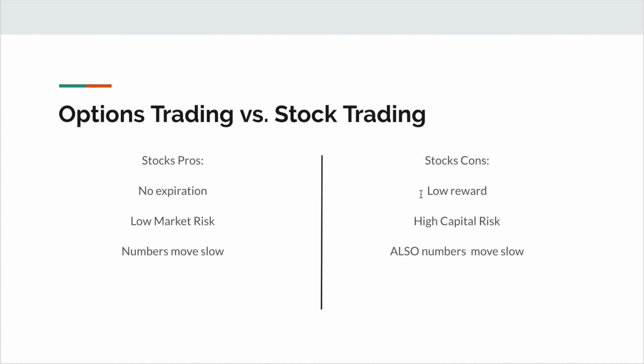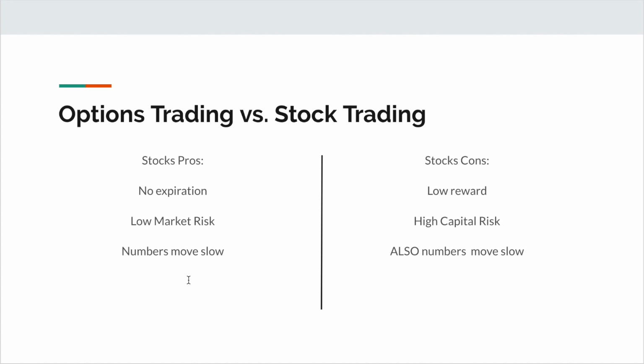Some stock cons: it's low reward. That means you have to risk a lot to make a lot. So if you have Apple stock and you want to make $5,000, you will likely have to put $20,000 into Apple to swing trade it for that much money. And the numbers also move slow, which is a pro and a con, depending on if you are a beginner or an experienced trader.